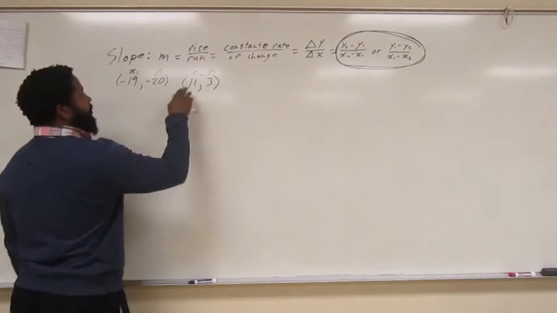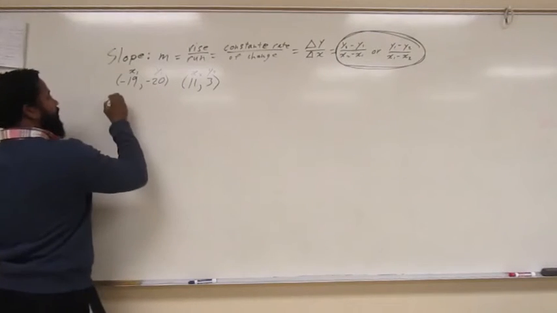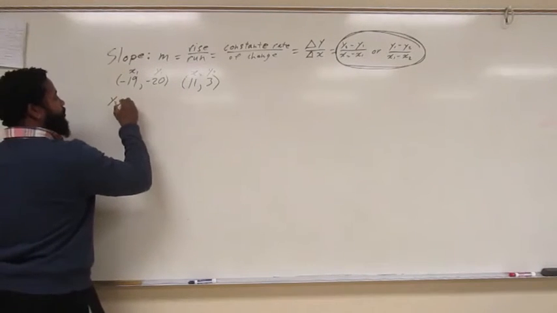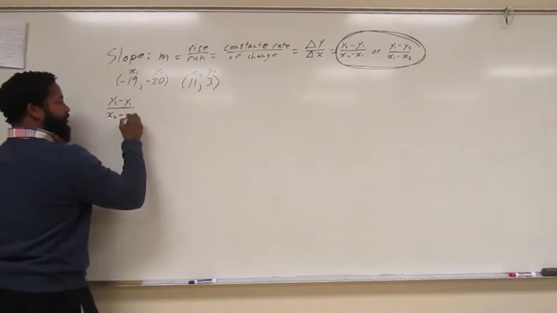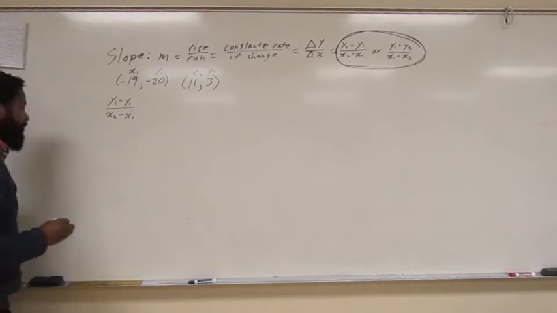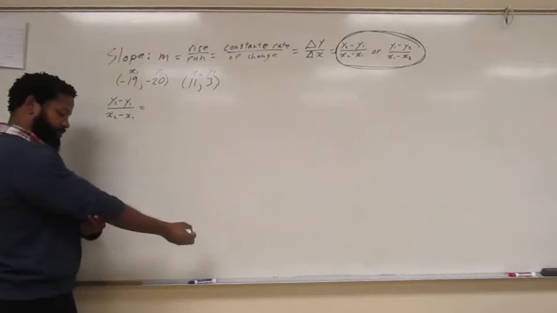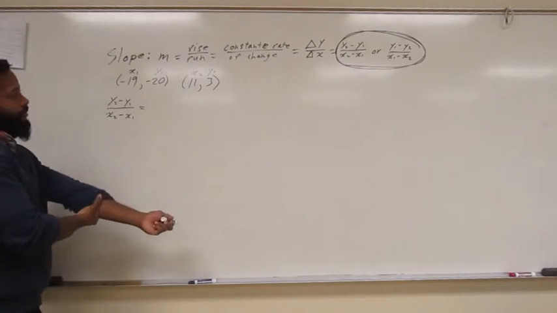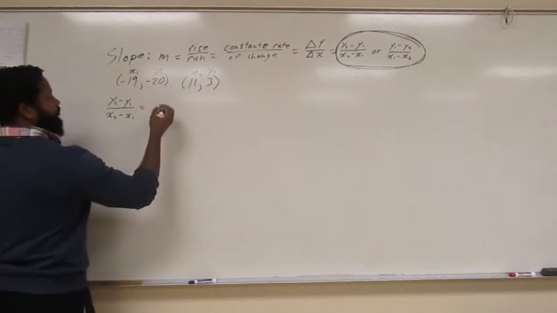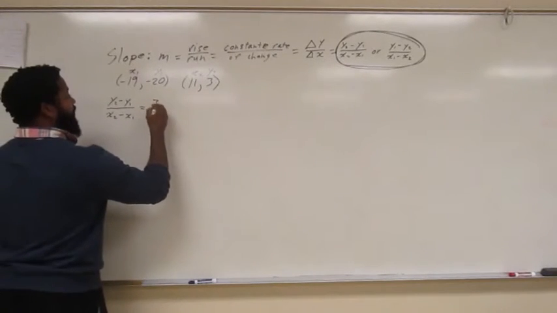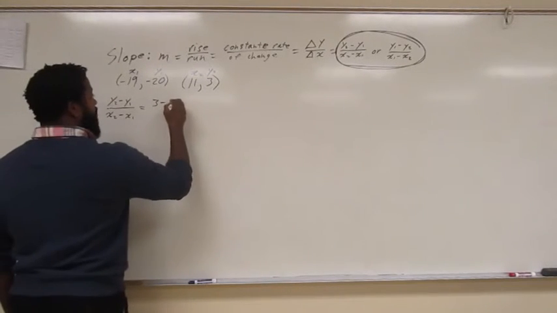So if you start with y2, matter of fact, I'll do both. Let's start with y2 minus y1 over x2 minus x1, which is equal to 3 minus negative 20, okay?